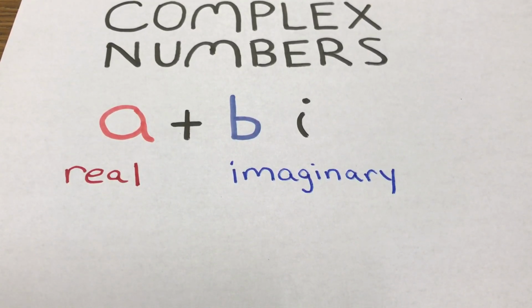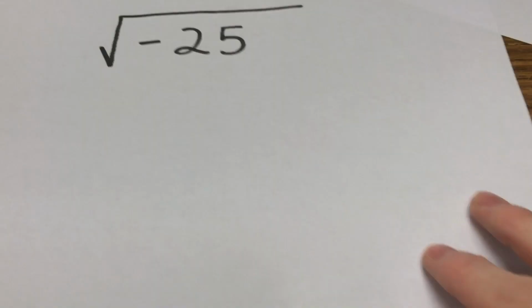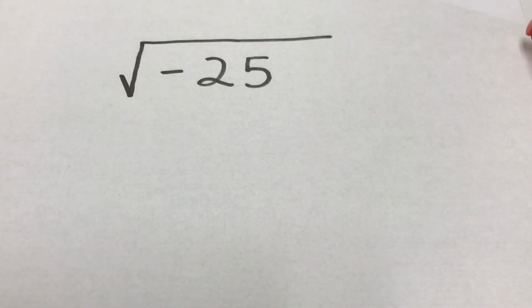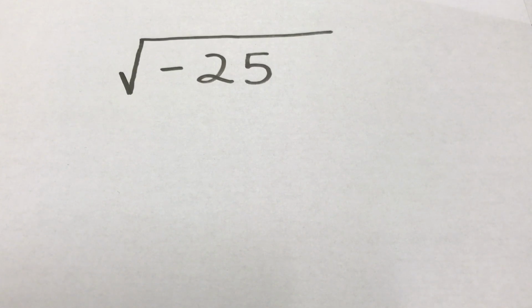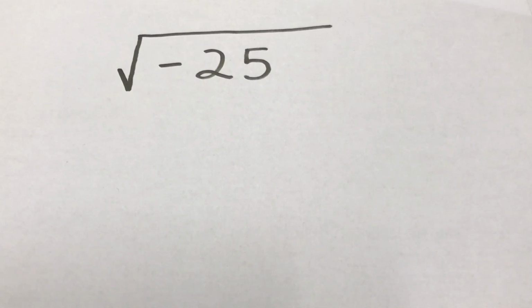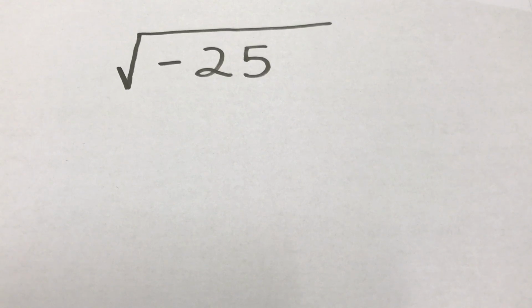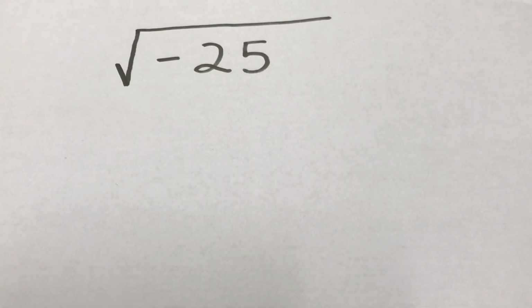So let's go ahead and take a look at one of these problems that I wanted to show you. This is going to be the square root of negative 25. Now, we all know that the square root of 25 is 5, but you have this negative sign under the radical. But what you can do is, you can always pull a negative sign out of a square root by taking it out as an i.